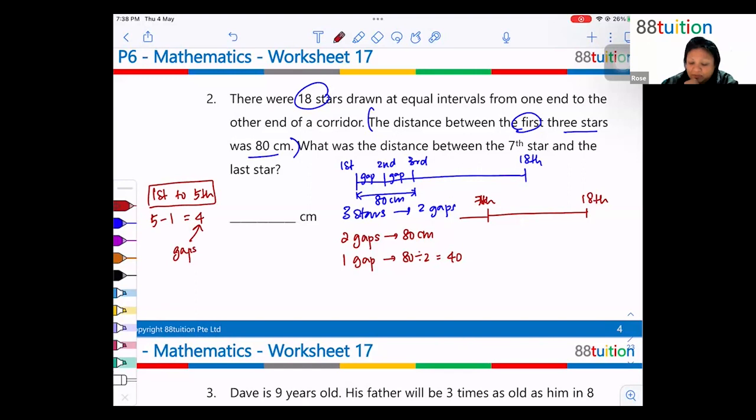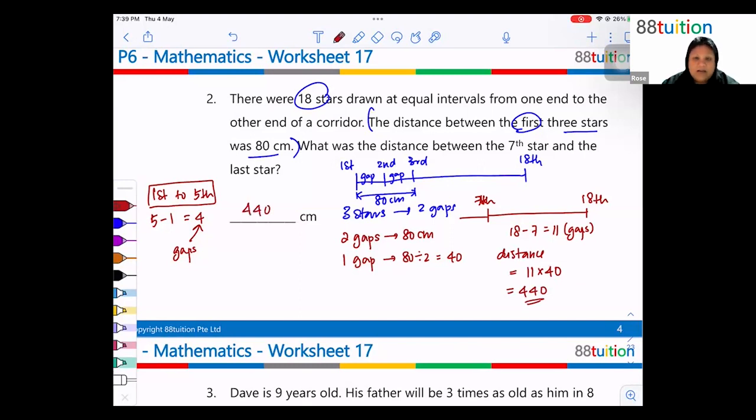Same thing, if I take 18 minus 7, I will get 11. But this doesn't give me the number of stars between the 7th and 18th star. It actually gives me the number of gaps. So between the 7th and the 18th star, there are 11 gaps. To find the distance would be 11 times 40 to give me 440 cm.